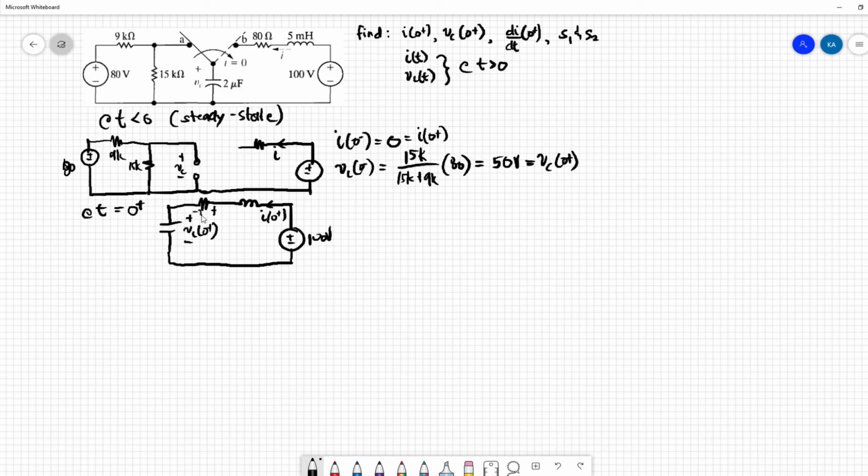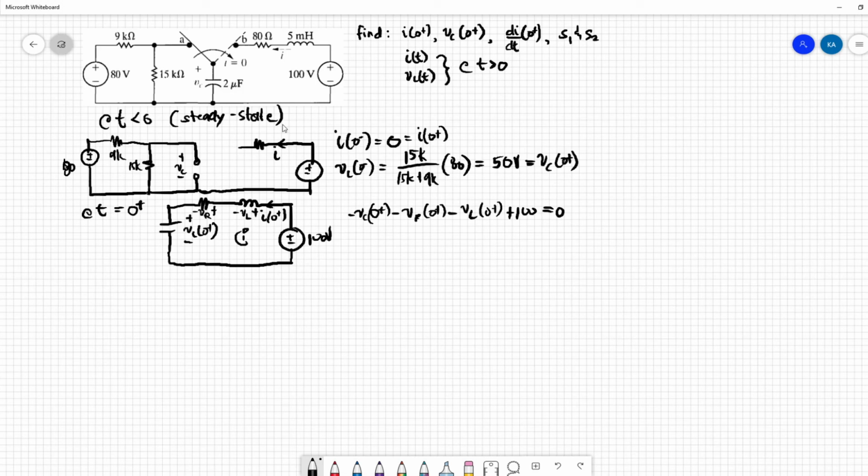We have this VR at 0 plus, and then we have VL at 0 plus. Okay, in this loop, we have VC at 0 plus minus VR of 0 plus minus VL of 0 plus minus 100 is equal to 0.